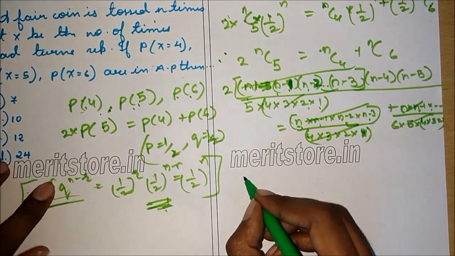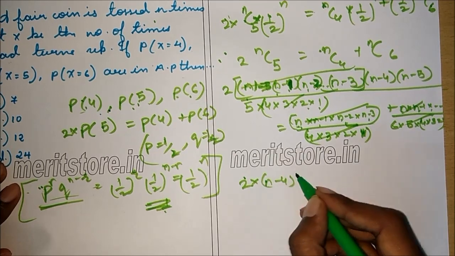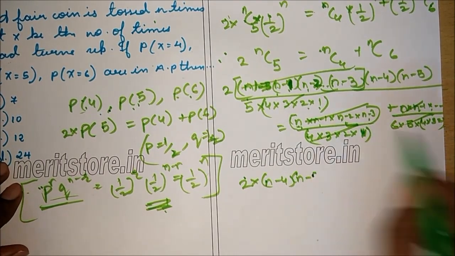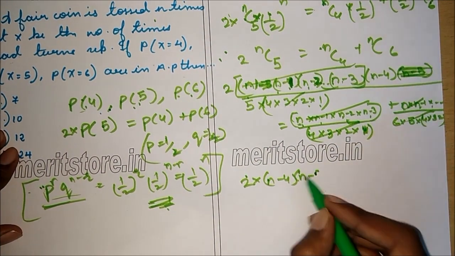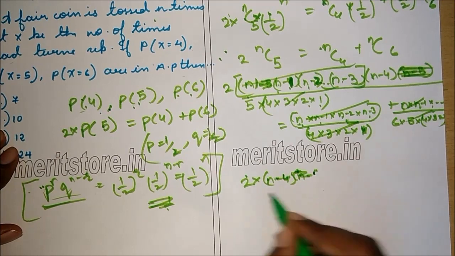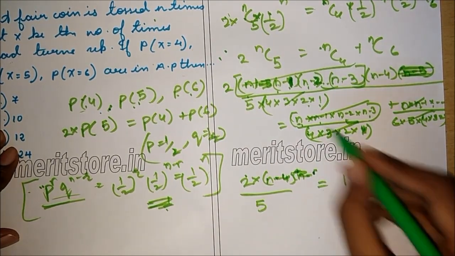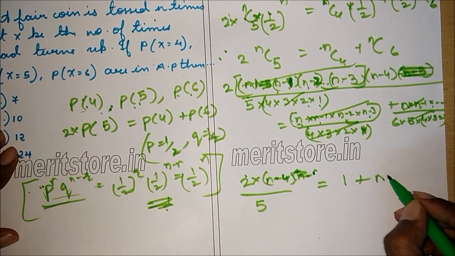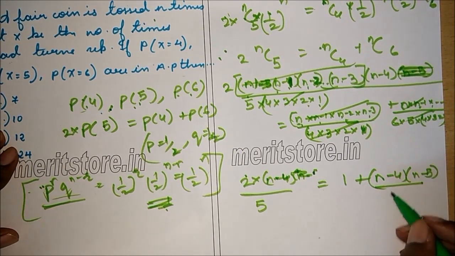So we are left with 2 into n minus 4 divided by 5 is equal to 1 plus n minus 4 into n minus 5 divided by 6 into 5.